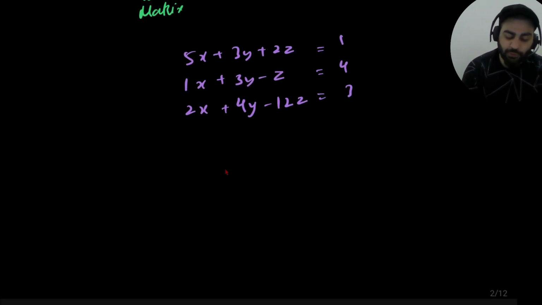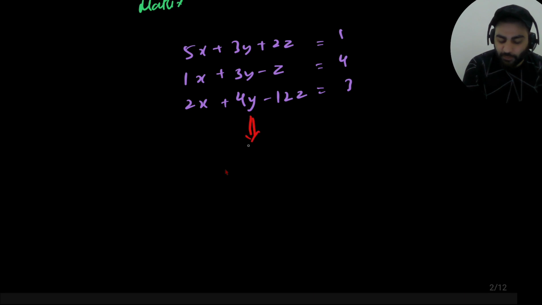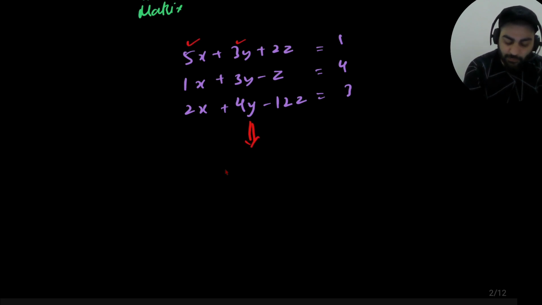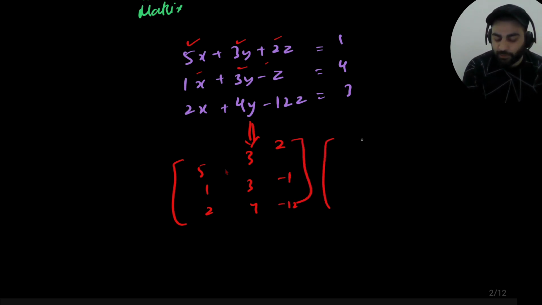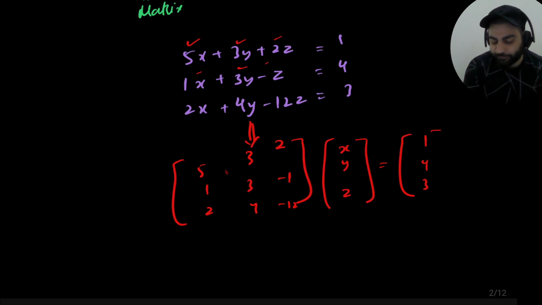Again, if I want to rewrite it in the algebra form and the matrix form, I'll collect these coefficients in one matrix. So this will be like this: 5, 1, 2, 3, 3, 4, 2, minus 1, and minus 12. This will be the coefficient matrix, and then I'll put the unknowns, the variables, basically x, y, and z. Then I'll put the values 1, 4, and 3.